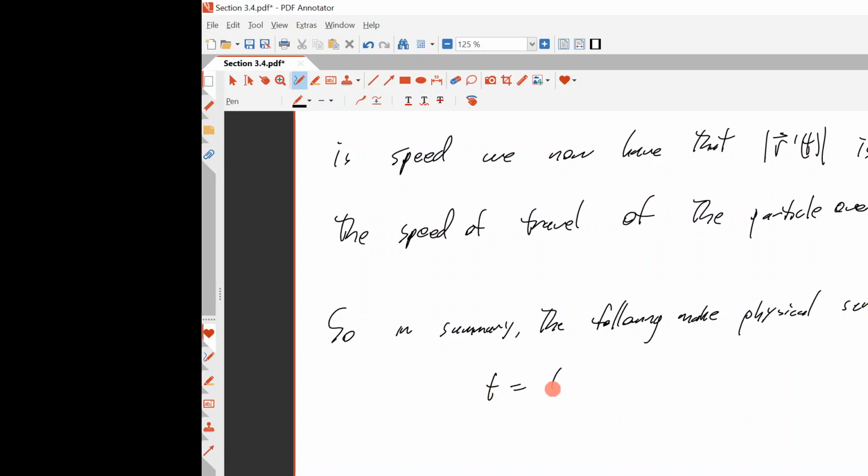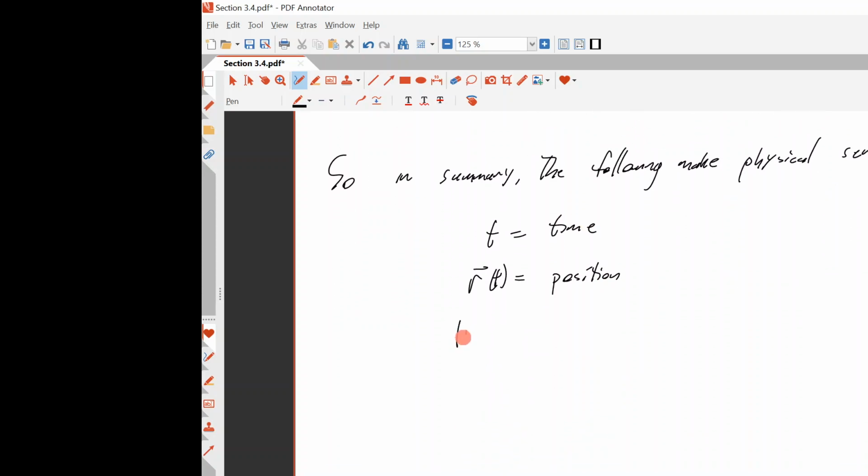t is time, r of t is position, the length of the derivative is speed. So what is the derivative itself? It's the speed given a certain direction, that you call velocity. t is time, r of t is position of a particle traveling through time.